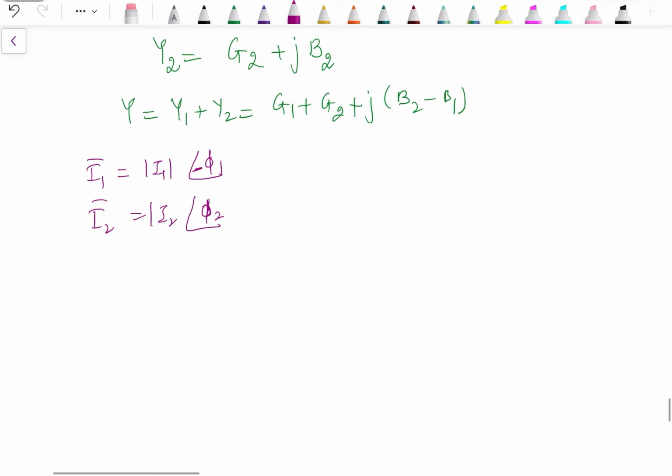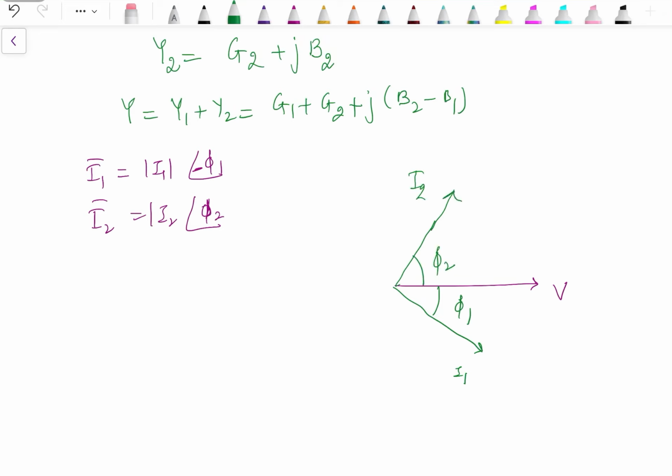So now we can draw the phasor diagram. For this, voltage will be the reference; current I1 will lag behind the voltage by angle phi 1. I2 will lead the voltage by angle phi 2. Now depending upon the magnitudes of I1 and I2 as well as on phi 1 and phi 2, we can have the resultant current either lagging or leading the voltage.